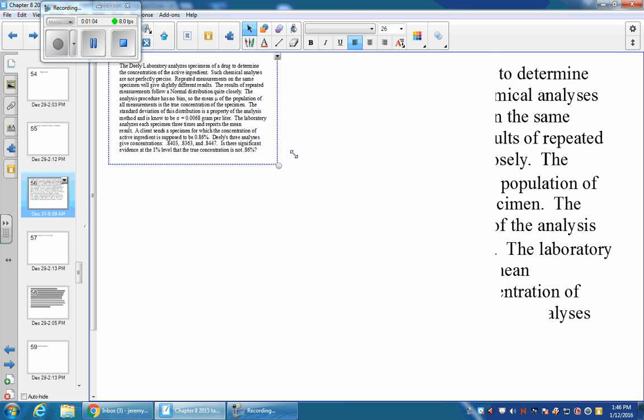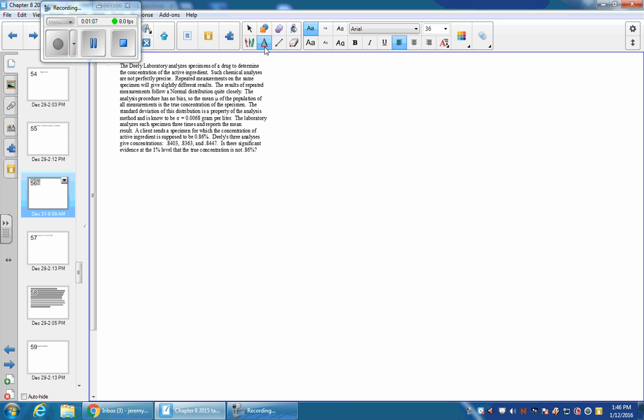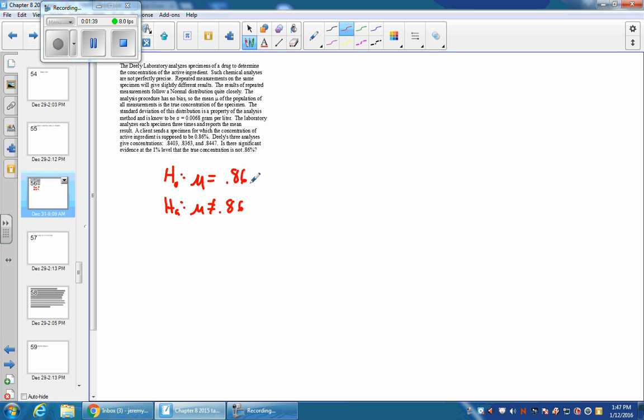Let's check this out. Our first step is to write our hypotheses. Our null hypothesis is going to link back to our previous information, 0.86. That our null, our mean is 0.86%. Now, our alternative hypothesis is that the mean is not 0.86. Now we have to figure out what mu represents.